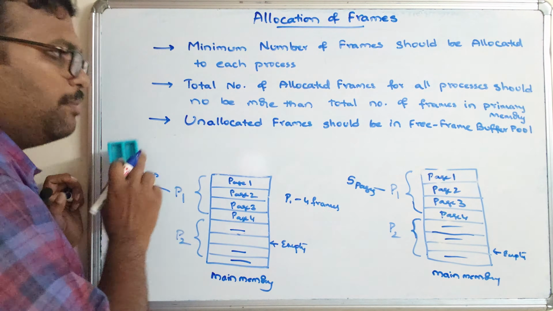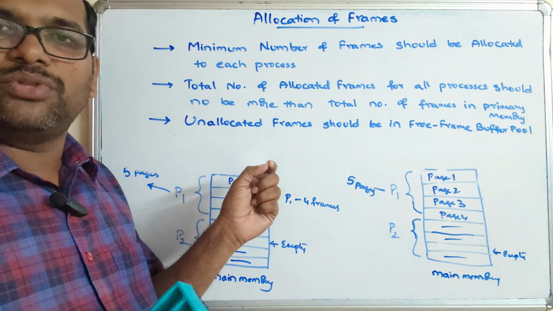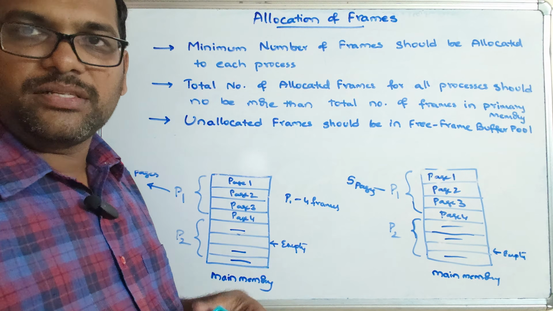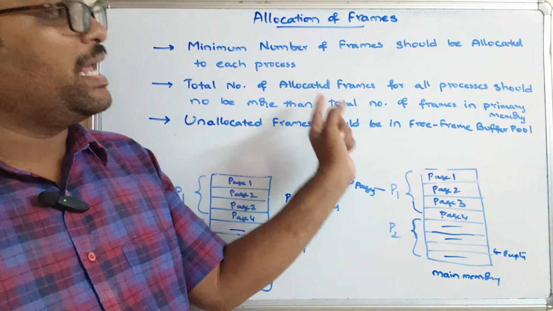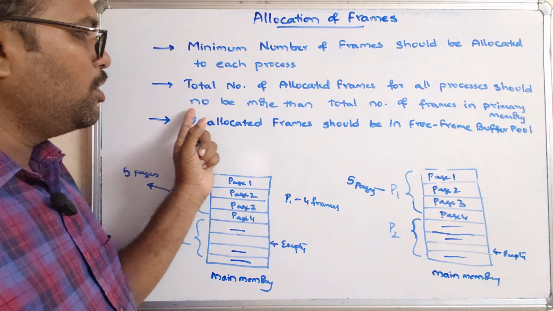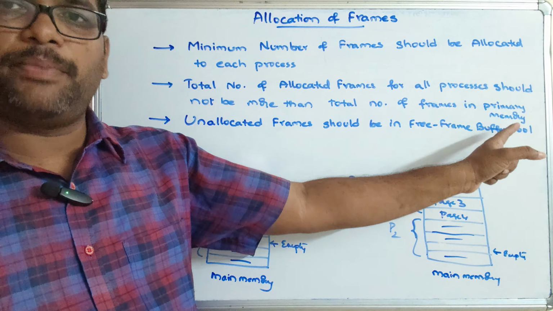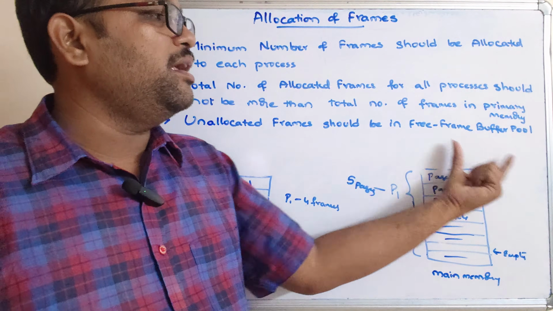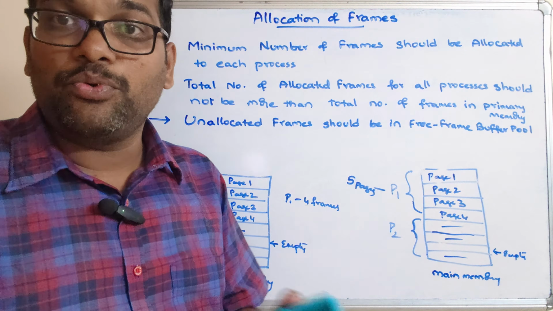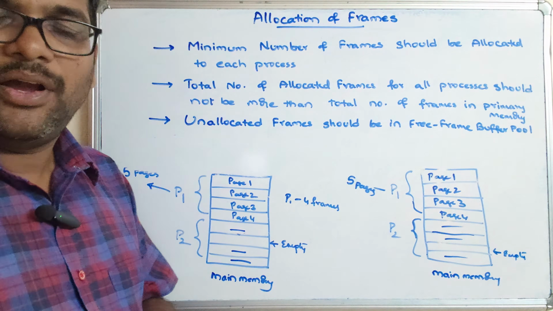So these are the points we have to remember while allocating frames to the pages of a process. Minimum number of frames should be allocated, the total number of allocated frames for all processes should not be more than the total number of frames in the primary memory, and unallocated frames should be in a free frame buffer pool for future purposes.